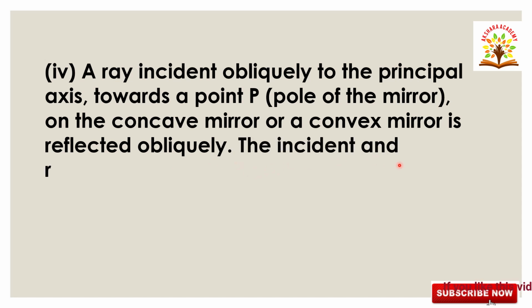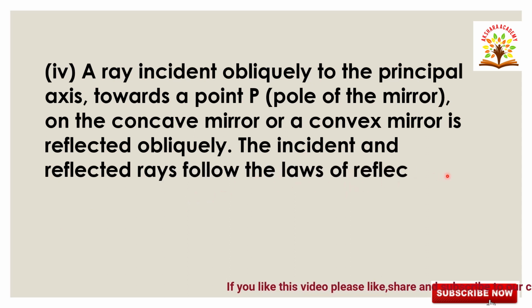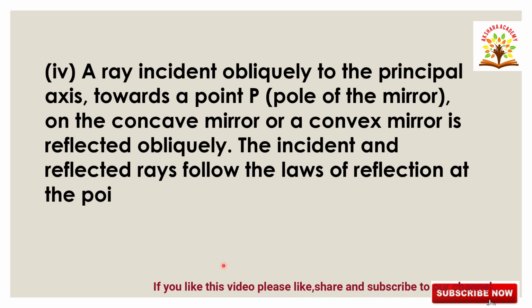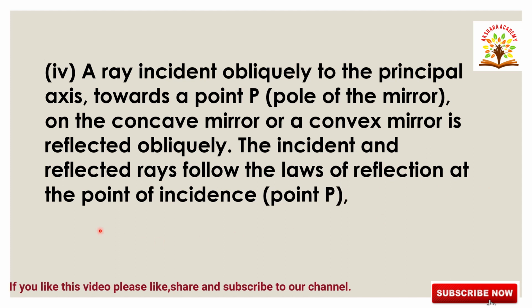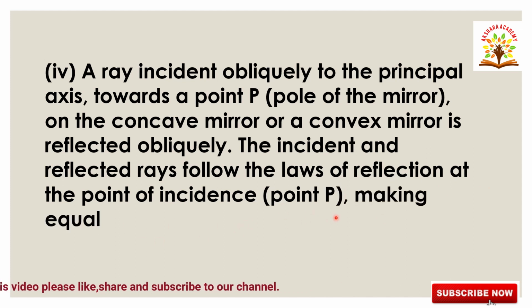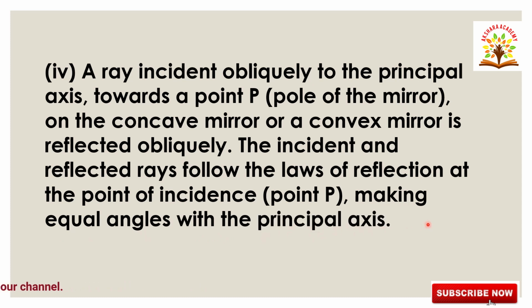The incident and reflected rays follow the laws of reflection: the angle of incidence is equal to the angle of reflection, making equal angles with the principal axis at the point of incidence, the point P. That is the first law of reflection, angle I is equal to angle R.